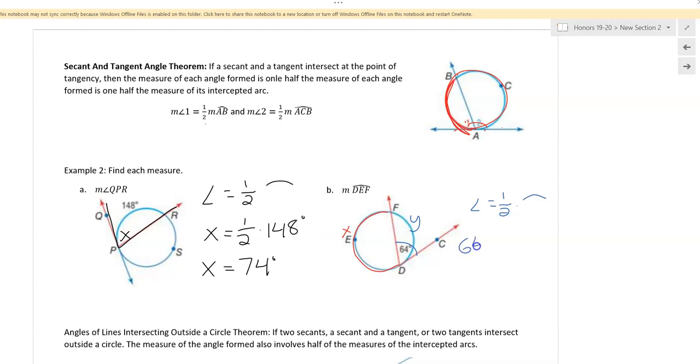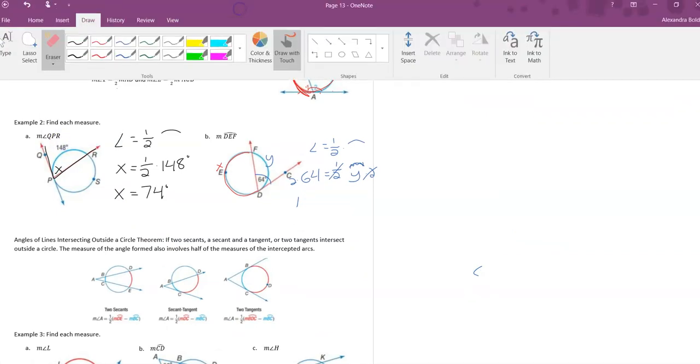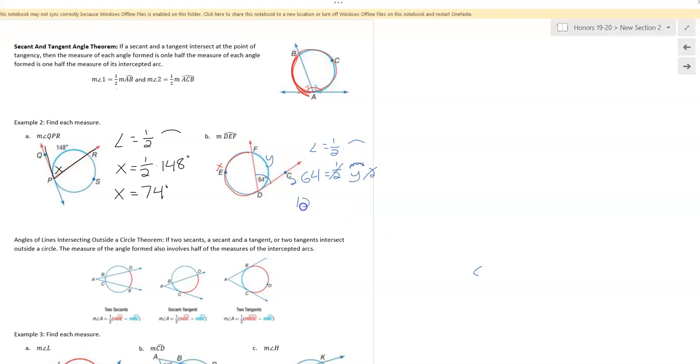I know my angle, 64, equals 1/2 the arc. So I'm going to multiply by 2. I guess I should put y here. The 1/2 and the 2 cancel each other out, so I have 128 degrees equals y.